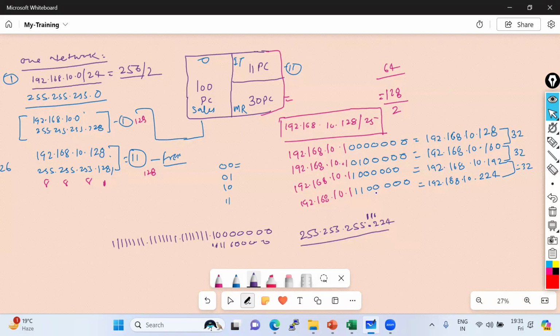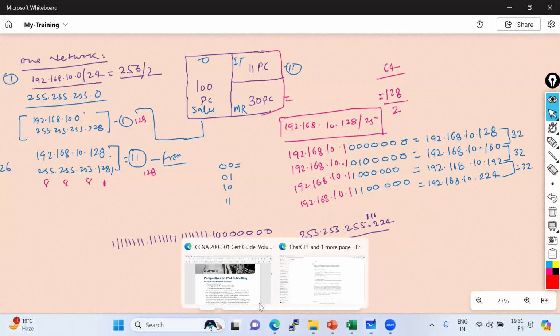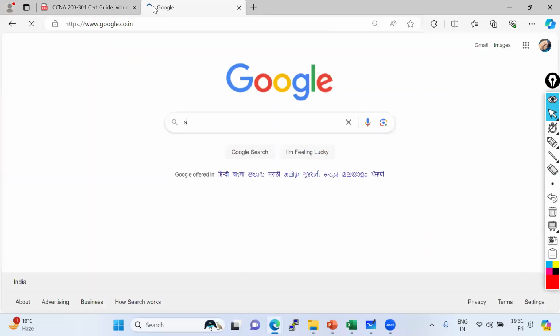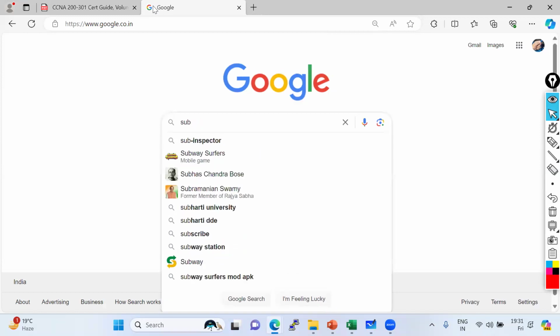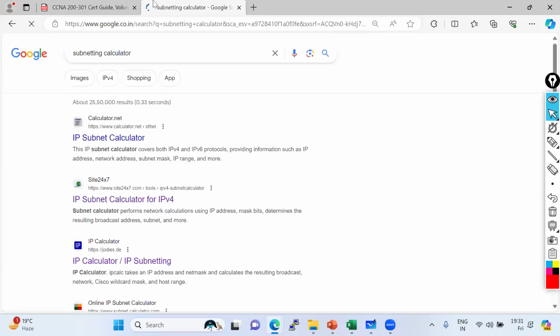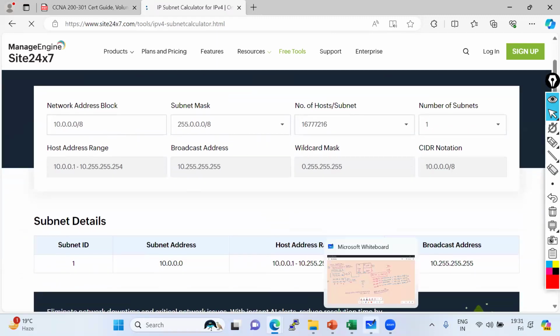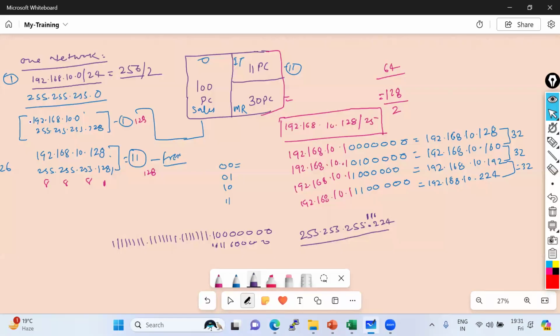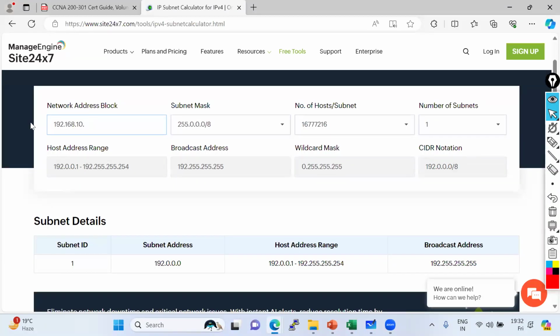Make sense? So let's validate. If I just go and split this subnet, using a subnetting calculator. What is your subnet? That is 192.168.10.128/25, right?